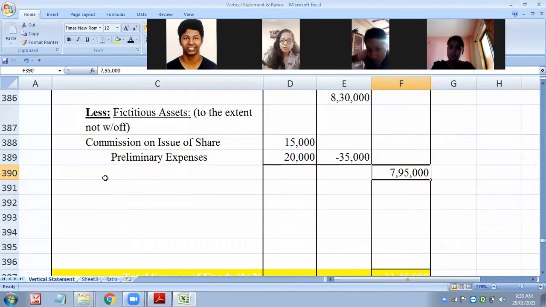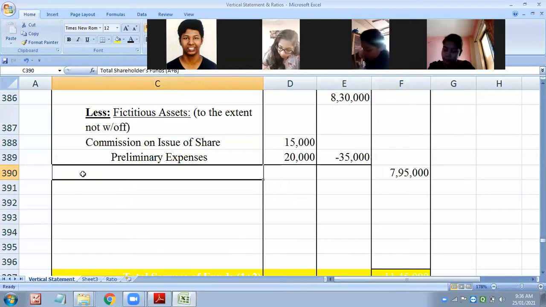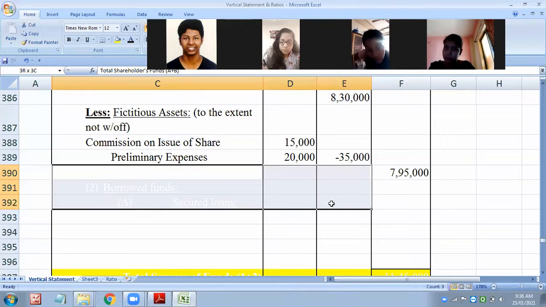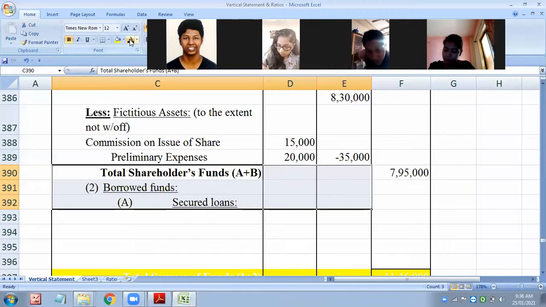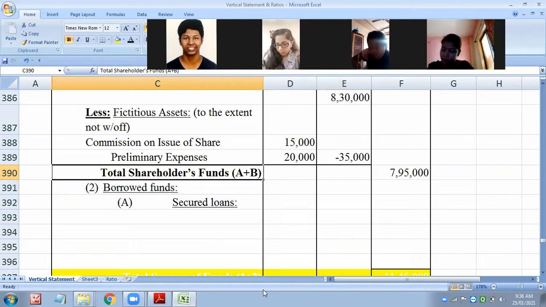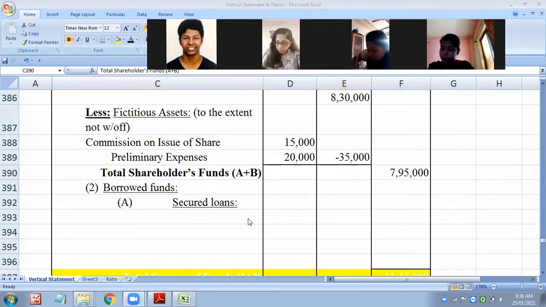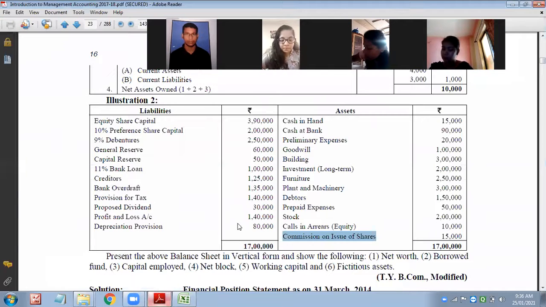Then we have borrowed fund. Okay. Then we have borrowed fund. So this total shareholders' fund is only your net worth, which has been asked in the question.